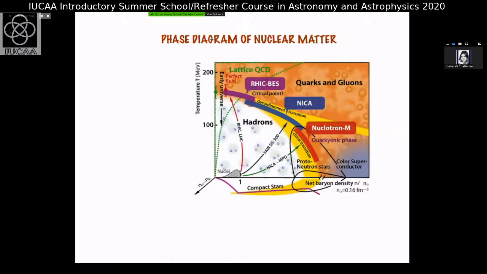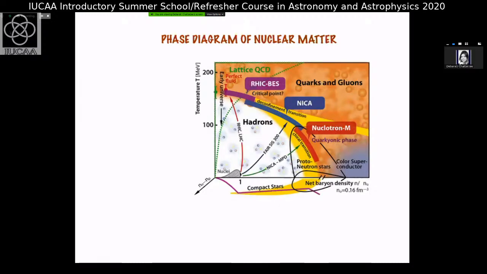The strong interaction between nucleons is governed by the theory called QCD, or quantum chromodynamics. This phase diagram of nuclear matter is also called the QCD phase diagram. It is basically a plot of the density on the x-axis and the temperature on the y-axis.